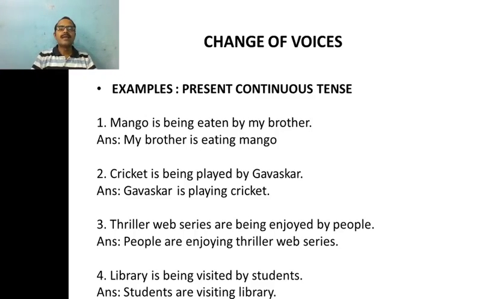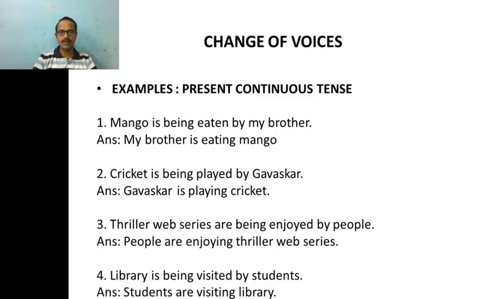So mango is being eaten by my brother. Mango is the subject, is being eaten is the verb group. My brother is the object. So my brother comes to the subject position in active voice. Being we need to remove because that was the verb which was introduced in passive voice. So we are supposed to remove it. And the other be form should be retained.